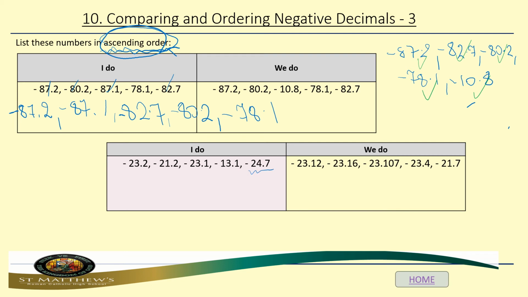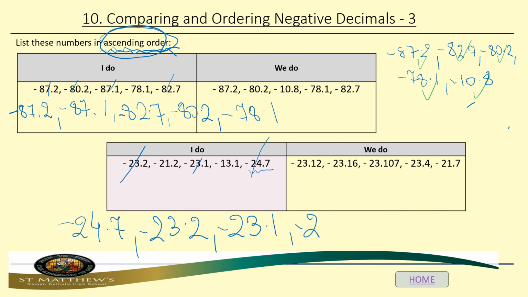So the smallest is minus 24.7, then minus 23.2, then minus 23.1, minus 21.2, and the largest one is minus 13.1. Okay, pause the video and do the we do in your book on your own.